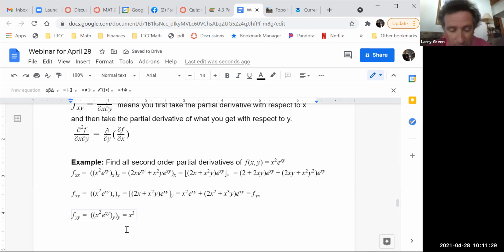I did need the chain rule. Any questions on taking the derivative with respect to y? And now I take another derivative with respect to y, and again x to the fourth times e to the xy. And that's it, I'm done. Okay, so I did all four of them.